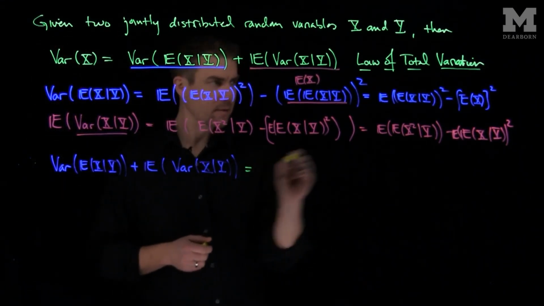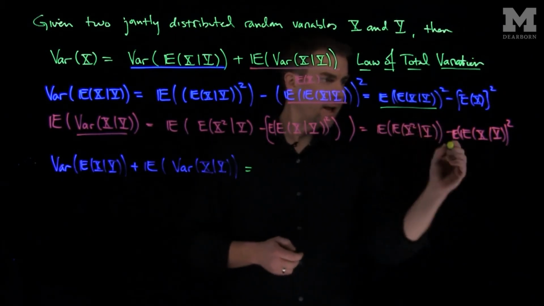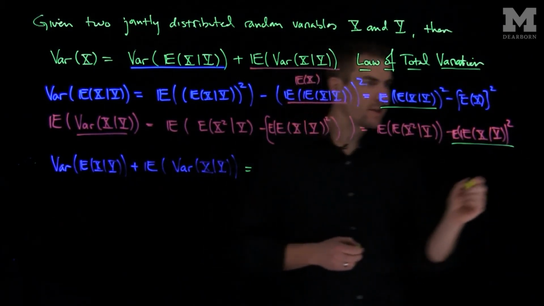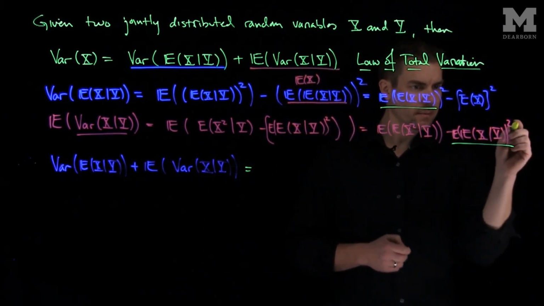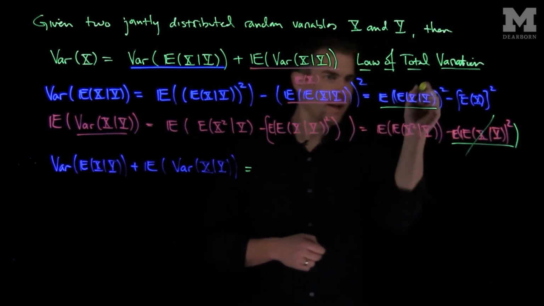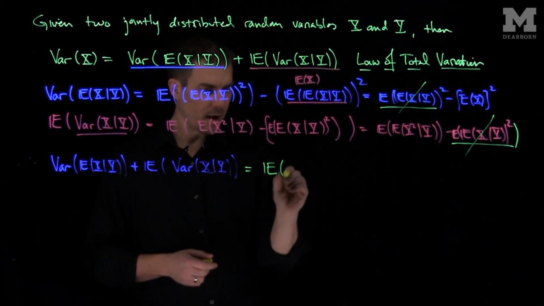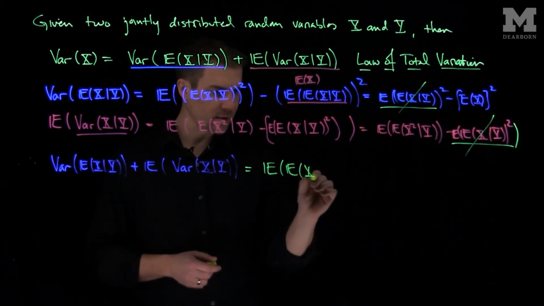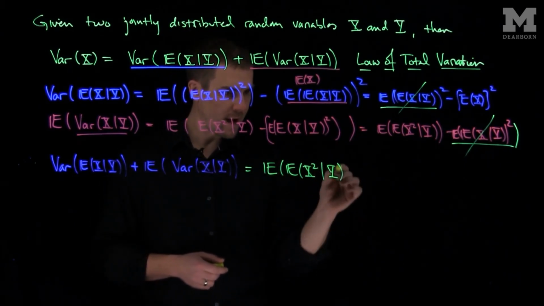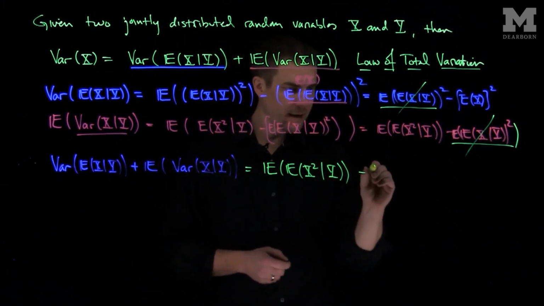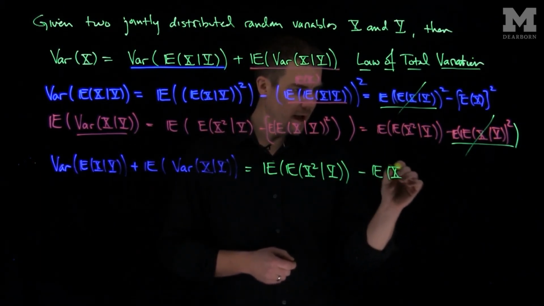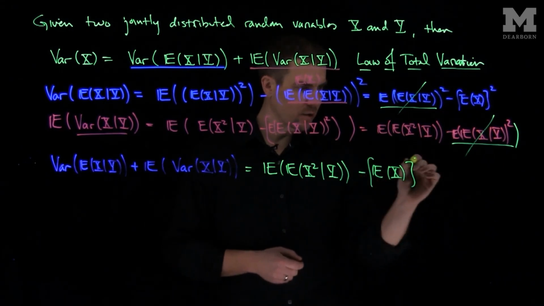This term and this term are exactly the same, so they cancel. And we get the expected value of X squared given Y, and then minus the expected value of X quantity squared.